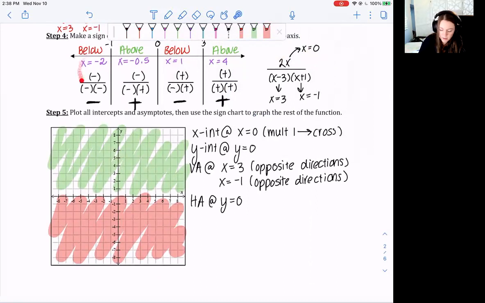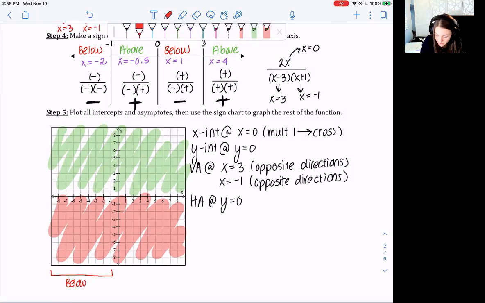What we're going to be doing is we're going to be splitting up our grid and determining, based on our sign chart, whether the graph in that area should be above the x-axis or below the x-axis. So between -∞ and -1, we should be below the x-axis.